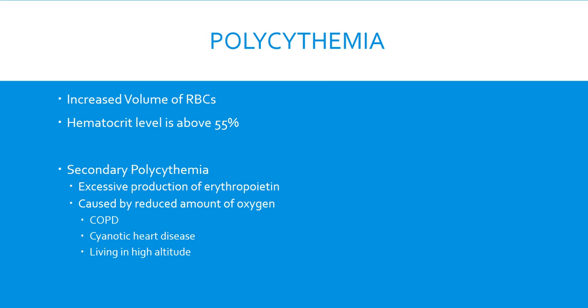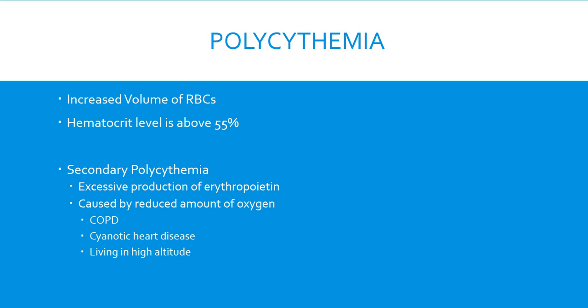So polycythemia is due to the fact that you have too many red blood cells. This is either your kidneys aren't working correctly and they're producing too much erythropoietin and your body starts pumping out more red blood cells, or because you have COPD, your body will actually compensate by producing more red blood cells so it carries more oxygen, and the more oxygen it carries, the more efficient you're able to breathe.